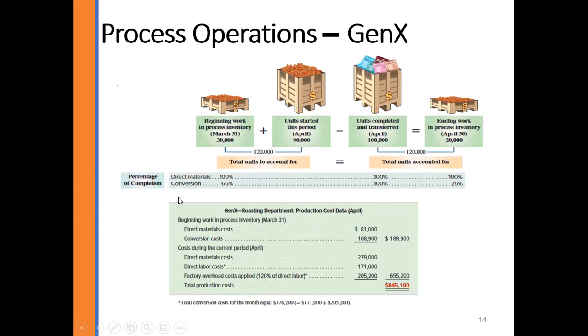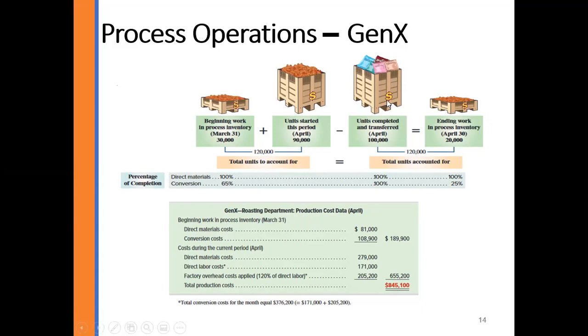And then it's showing us the percentage of completion for each of these. So in the beginning work in process, 100% of direct material costs were applied, only 65% of conversion cost. Conversion costs are labor and overhead, right?